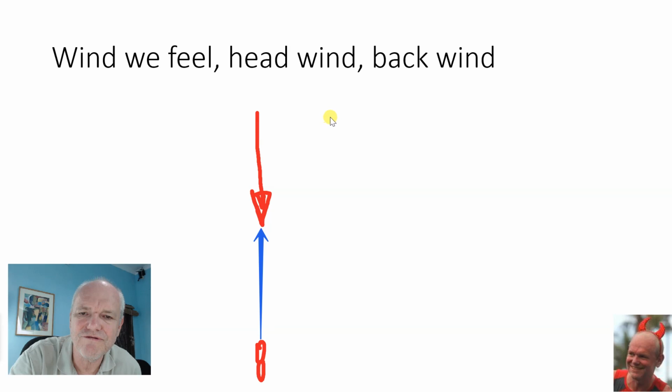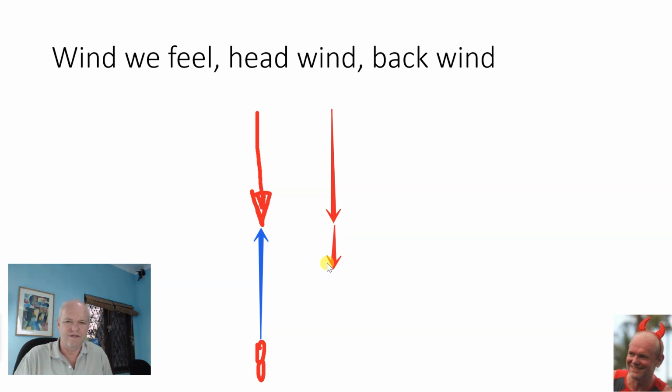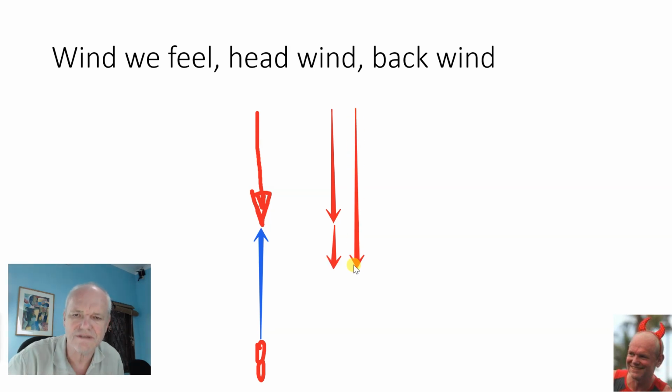Then we feel wind like this, 30 kilometers per hour, and then we have to add another one, 10 kilometers per hour. So the total is this, that is what we really feel, 40 kilometers per hour.